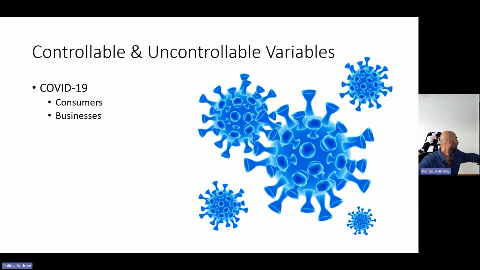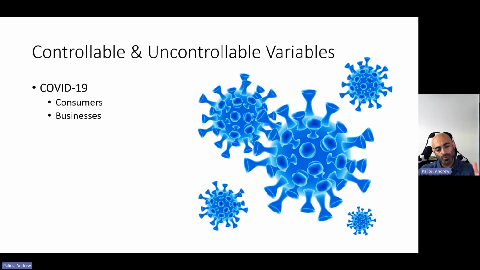Excuse me, I want to turn this fan on. The big one was COVID-19. That was the original, and this never happened in any of our lifetimes. I don't even believe it happened in our parents' or grandparents' lifetimes, but a pandemic of this proportion having such a huge impact across, well, maybe not the world, was totally uncontrollable.